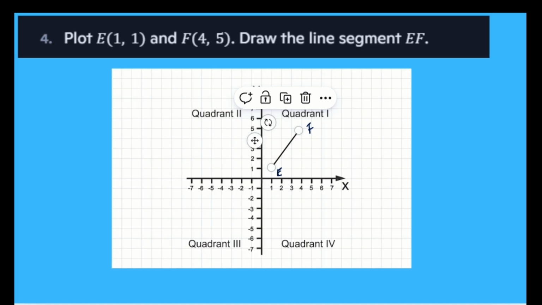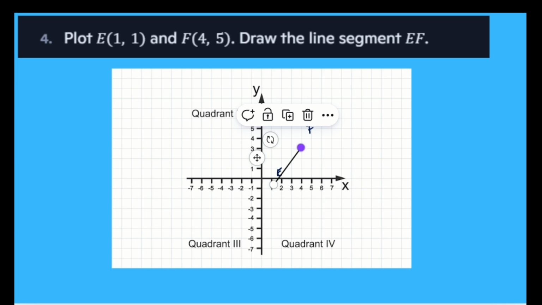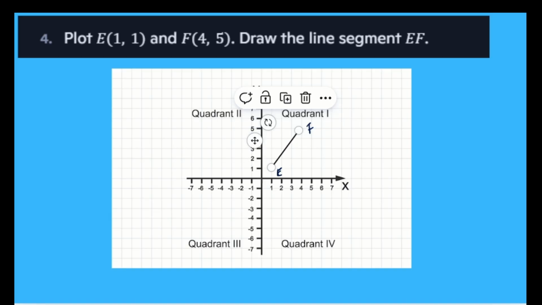This is the line segment EF. Point E is (1, 1), and point F is (4, 5). That is a line segment.